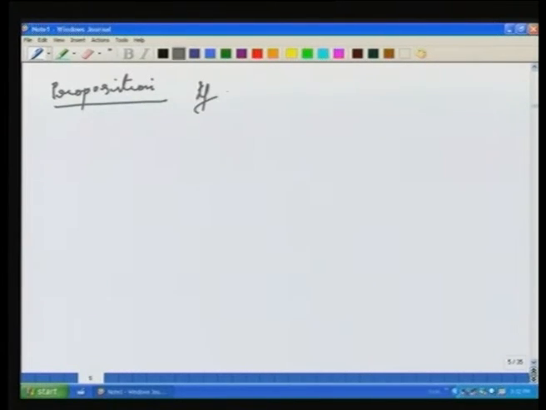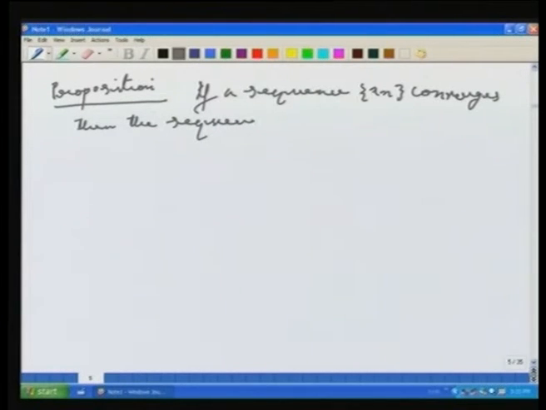If a sequence x n converges, then the sequence is bounded. Well, what does a bounded sequence mean?